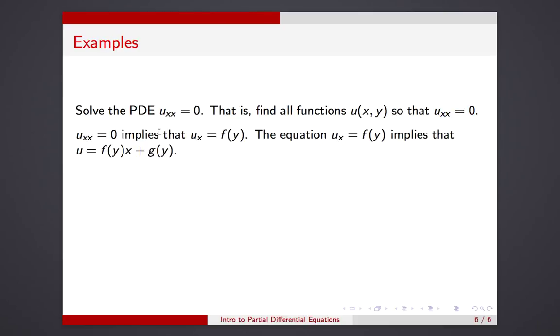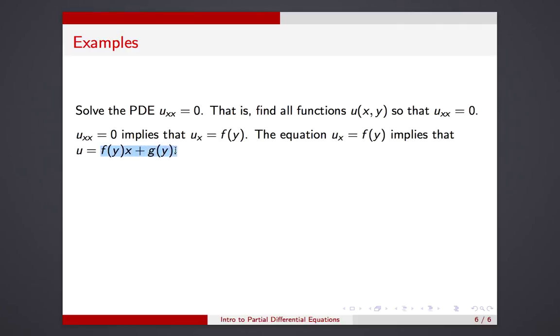And of course, you can check that this works by just starting with this function here and taking its second partial with respect to x and seeing that you do get 0. So if you partial this guy with respect to x once, what happens? g(y) disappears, and all you're left with is an f(y). And then if you partial y stuff with respect to x again, you get 0.